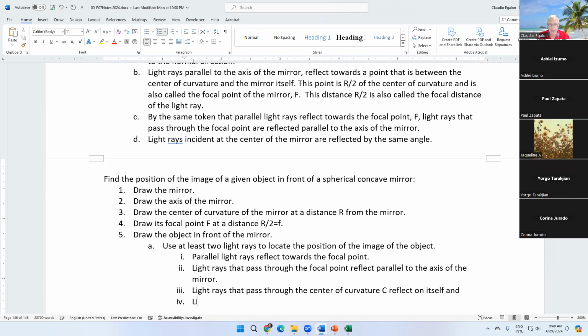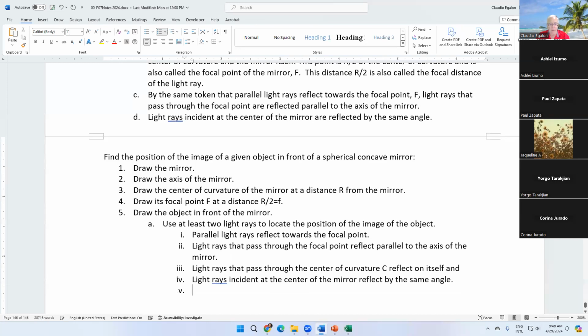And 4, light rays incident at the center of the mirror reflect by the same angle. Okay, so you have 4 light rays to choose from, and you need only 2.